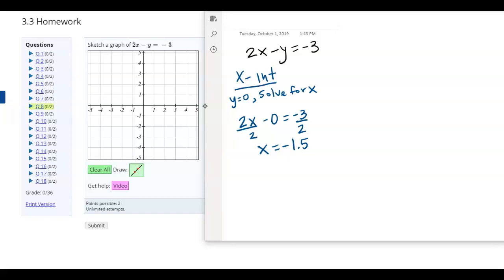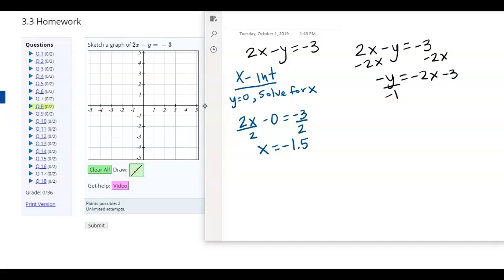But instead, if you decide to use a table of values, let me start off again here with the equation, and I'm going to get it so that y is by itself, so I can do a table of values. So that means I'm going to subtract my 2x over, and I'll have -y equals -2x minus 3.